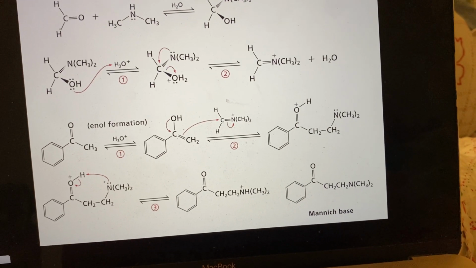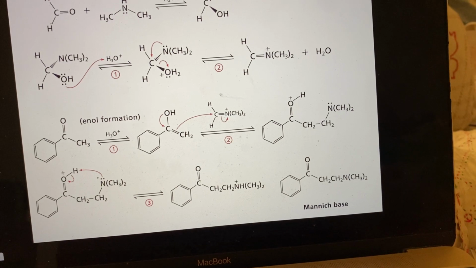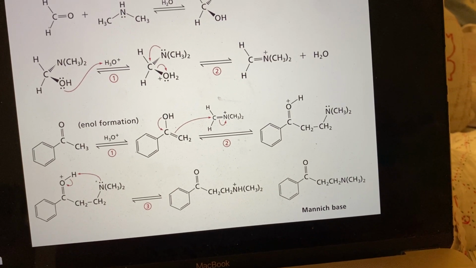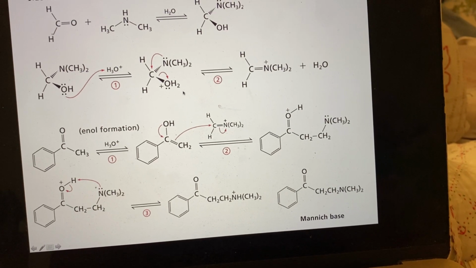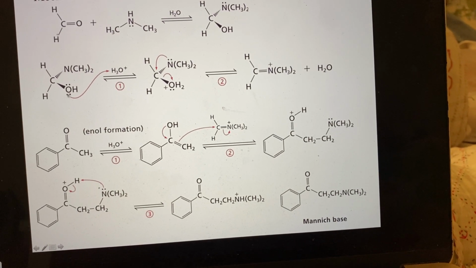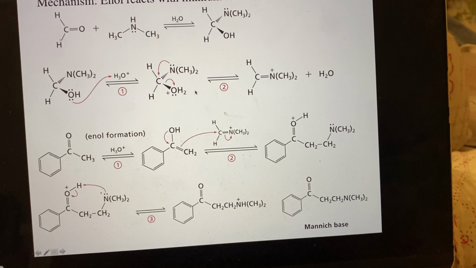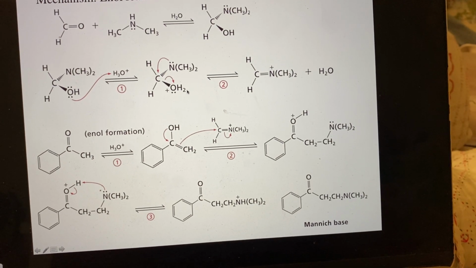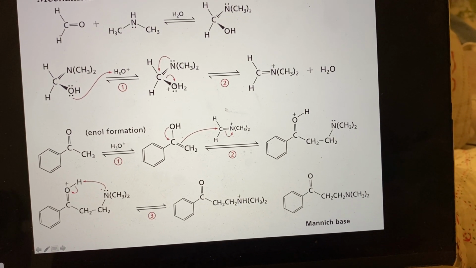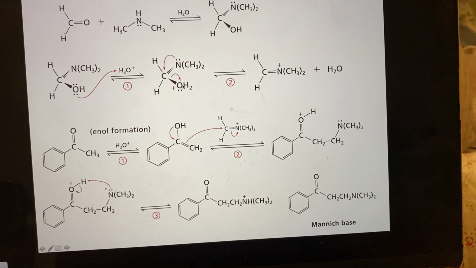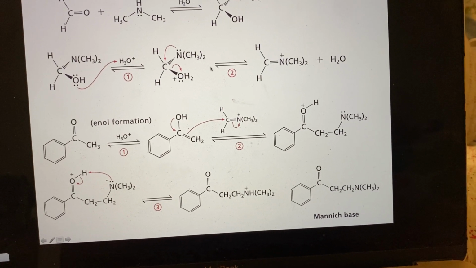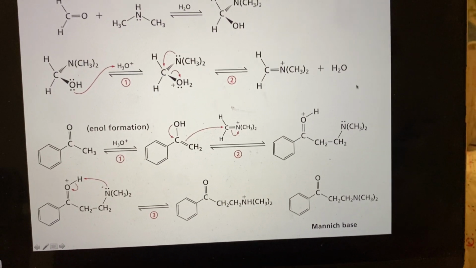Now, another effective way to make a good leaving group is to protonate it first. Notice that if I protonate this OH here, now I have OH2+. This is a good leaving group, of course, because the leaving group is the conjugate base of hydronium ion, right?